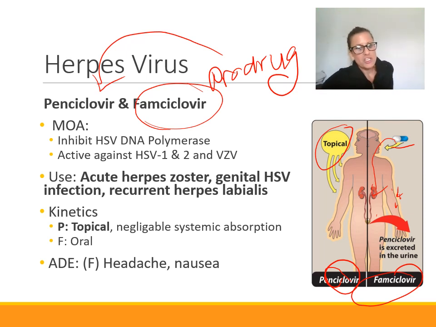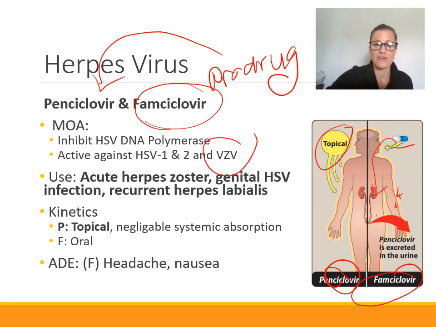The mechanism of action is to inhibit HSV DNA polymerase, and it's active against HSV 1 and 2, as well as varicella zoster virus. Penciclovir and Famciclovir are used for acute herpes zoster, for genital HSV, as well as recurrent herpes labialis.